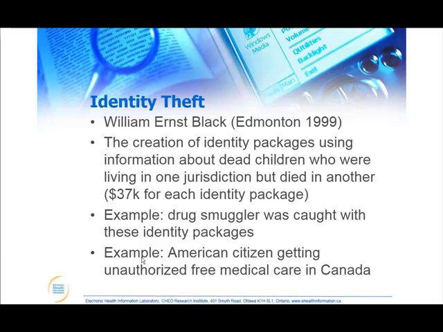So there are examples of people committing medical identity theft using stolen identities. This is not theoretical. These are the kinds of things that law enforcement doesn't really talk about very much, but the stuff that does come out in the public domain does indicate that it can happen. We just don't know how often it happens.